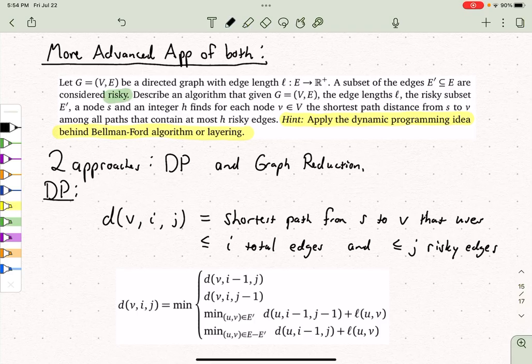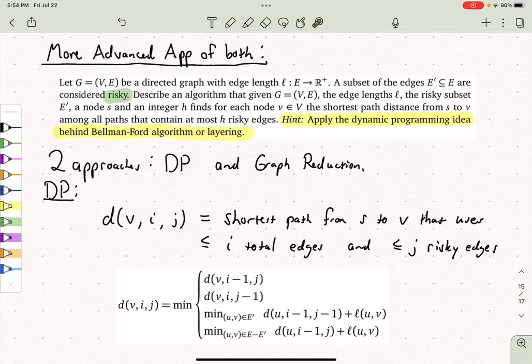So some of these edges are risky, and our goal is to describe an algorithm that, given the graph, the edge lengths, and these risky edges, as well as a starting node S and some h, will find for every node v the shortest path distance from S to v among all paths that contain at most h risky edges.